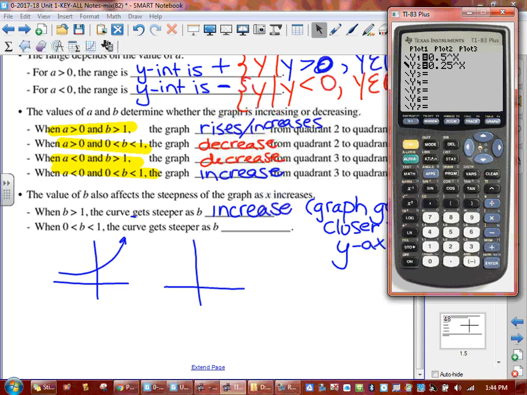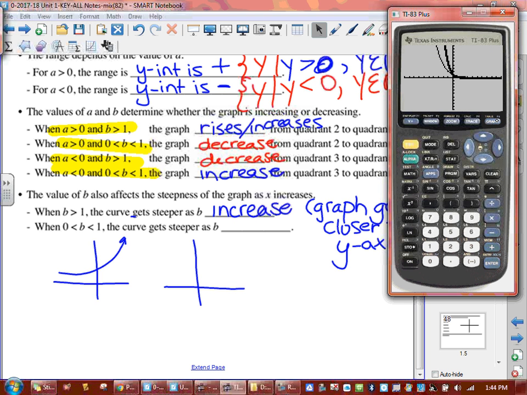One of them is going to be farther away. Well, let's see which one does it. So, who's closest to the y-axis? 0.25 is closer. So the smaller the b number is, the closer it gets to y. The bigger the b number, the closer it gets to the x-axis and it spreads the curve.